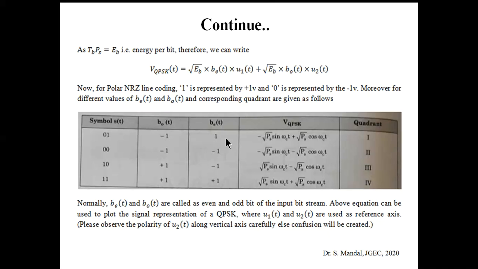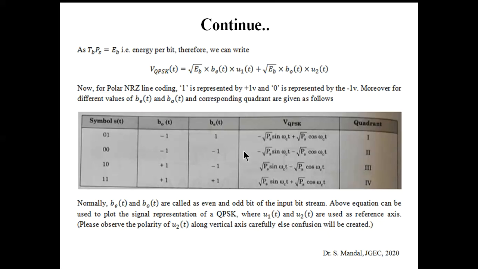Like for minus 1 1, the first part is minus root Ps and the second one will be plus root Ps. For 0 0, both are minus, that means minus root Ps and minus root Ps. For 1 0, the first is plus root Ps and the second is minus root Ps. And for 1 1, both are plus 1, that means both are plus root Ps.